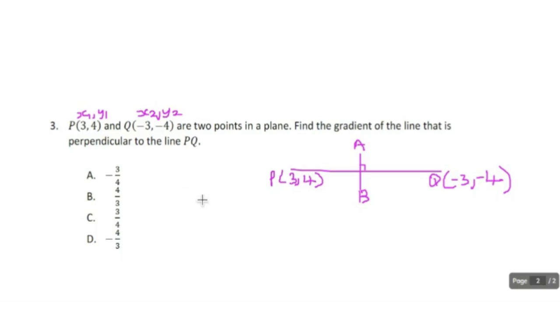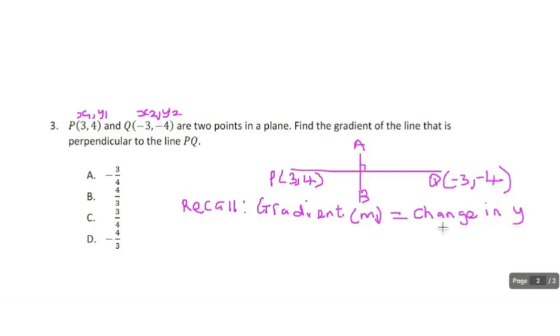So recall that gradient, by definition, simply is, indicated as M, let's call this one M1, equals change in Y. We could use increase or decrease, but a more generic term to use is change, divided by change in X.